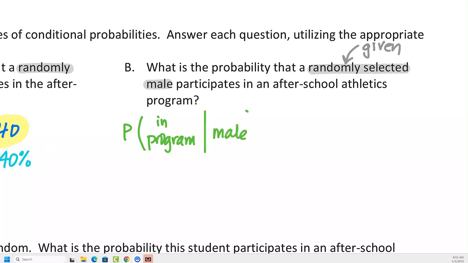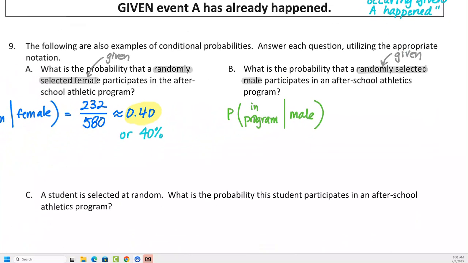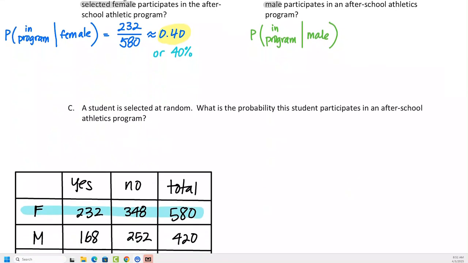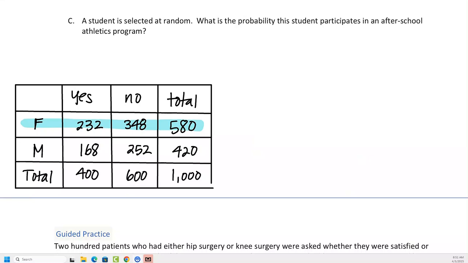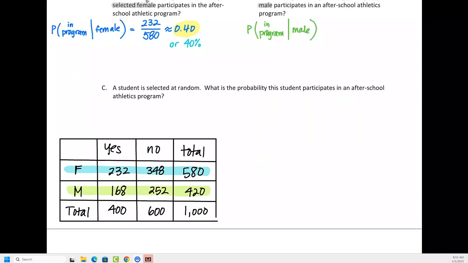So it's similar to the last one, but now the given is male, so that means I'm going to focus on the male row. So that's this one right here. So I'm not looking at the whole table. It has a given, so I'm just focused on a specific part of the chart.